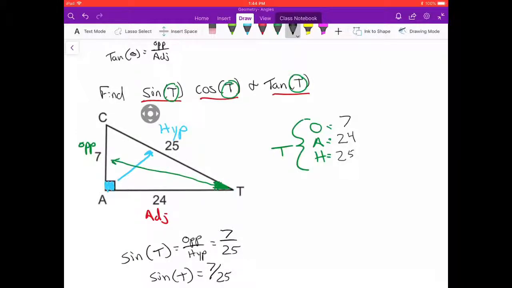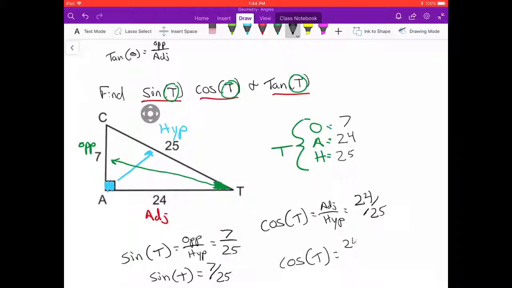I'm going to do the same thing for cosine and tangent. So my cosine of t is my adjacent over hypotenuse, which is 24 over 25. So my cosine of t is 24 over 25.